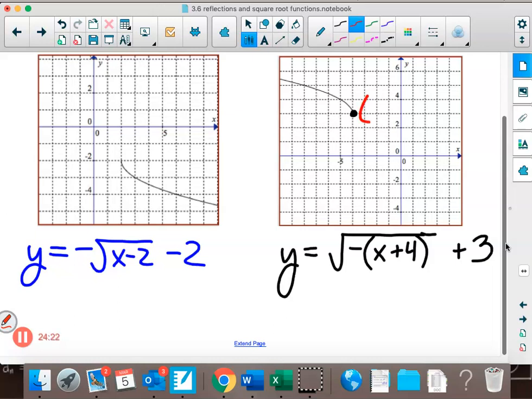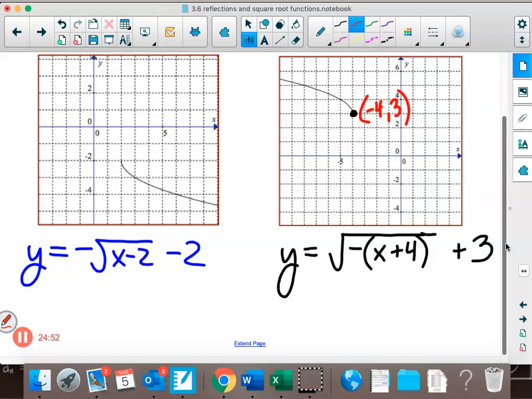This is the point negative 4, 3, right? That means when x is negative 4, y has to equal 3. So plug in the negative 4. What's negative 4 plus 4? 0, right? Okay, so negative 0 is still 0. What's the square root of 0? 0. What's 0 plus 3? 3. So yes, we landed on negative 4, 3.